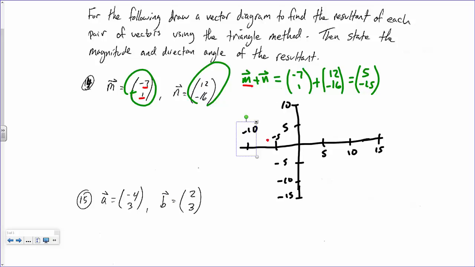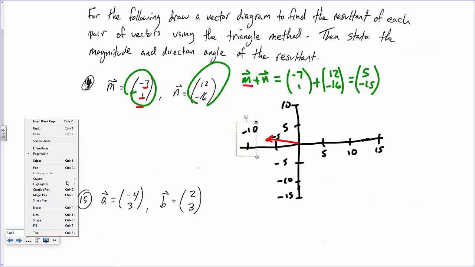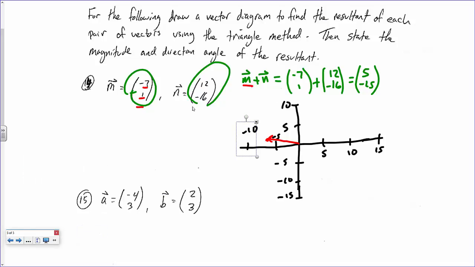It's going to be about right there-ish, and that's where that vector is. All right, that's the vector negative 7, 1. We're going to add to the head of that vector this new vector, which is 12 and negative 16. So I'm going to go 12 from this point. I'm going to go 12 to the right, which is going to put me about right here at 5.